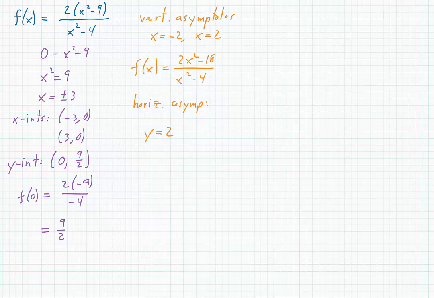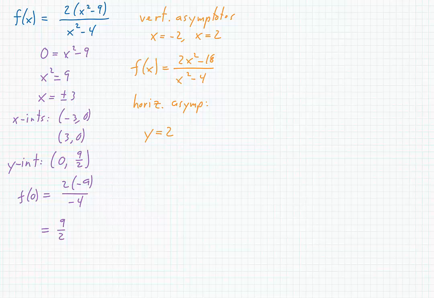So vertical asymptotes, horizontal asymptote, we have x-intercepts, we have a y-intercept. It's a fair bit of information that we're getting just from our algebra and then a little bit of limits that we have here. Now we can keep going and start to consider what happens with the first derivative.